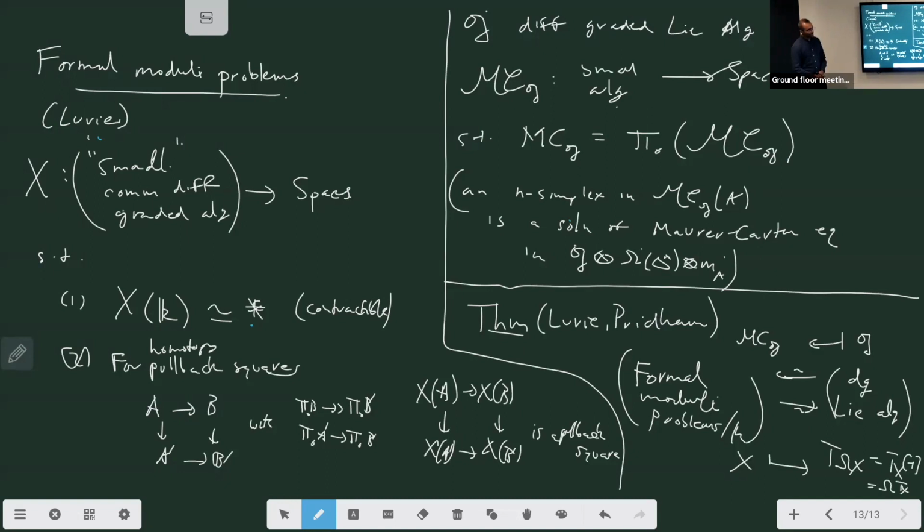And so that's morally why you have a Lie algebra whenever you have a formal moduli problem. Because you can take the loop space of the formal moduli problem by taking loops at the fixed base point, and you can take the tangent space, by which I just mean evaluate on k[epsilon], as we did before, and you find this. This philosophy became a theorem.